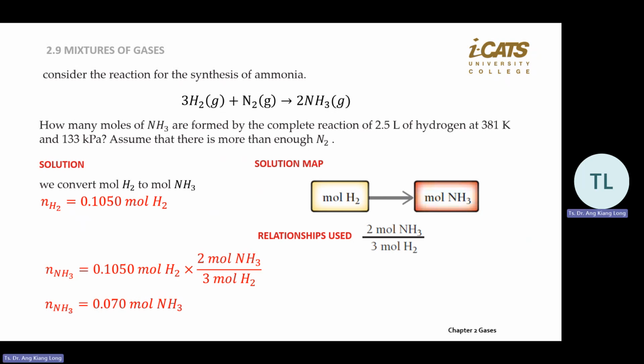Ammonia, NH3, use periodic table. N is what? How many gram?